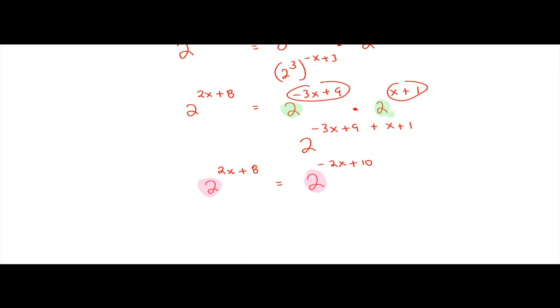So we're going to end up with 2x plus 8 is equal to negative 2x plus 10. So add 2x to this side, we're going to end up with 4x, right? So this is going to be 4x is equal to 2, minus 8 on both sides. Divide by 4, so x is equal to 2 over 4, which reduces to 1 over 2.